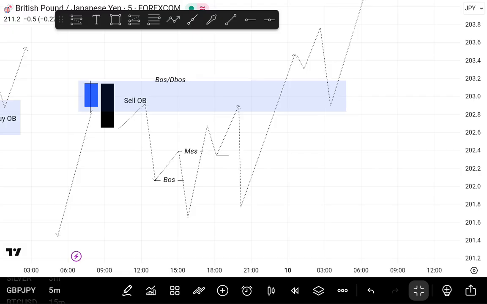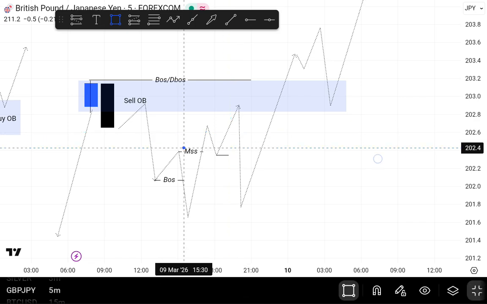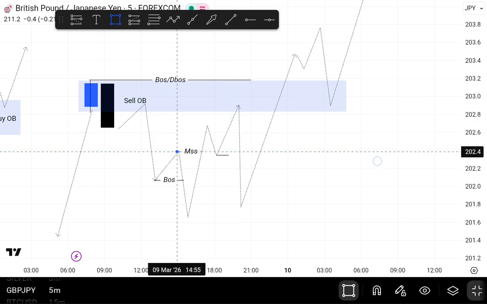The first pullback can be a single candle. It doesn't have to be a bullish candle or a bearish candle, as long as there's a little pullback. It's inducement liquidity. With this now, it has already mitigated our breaker block here.